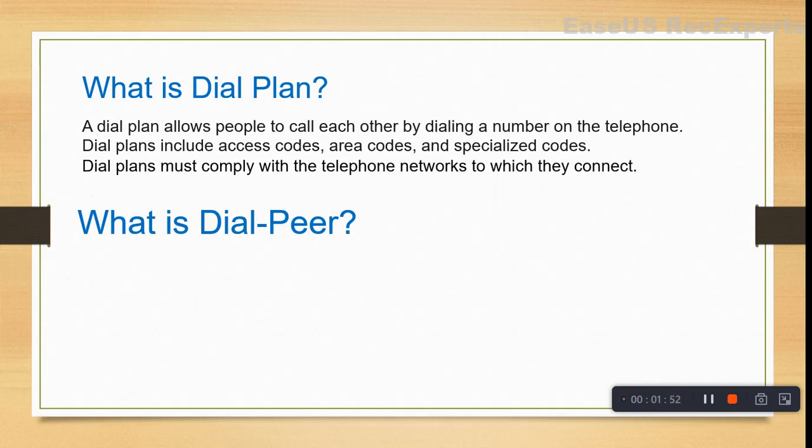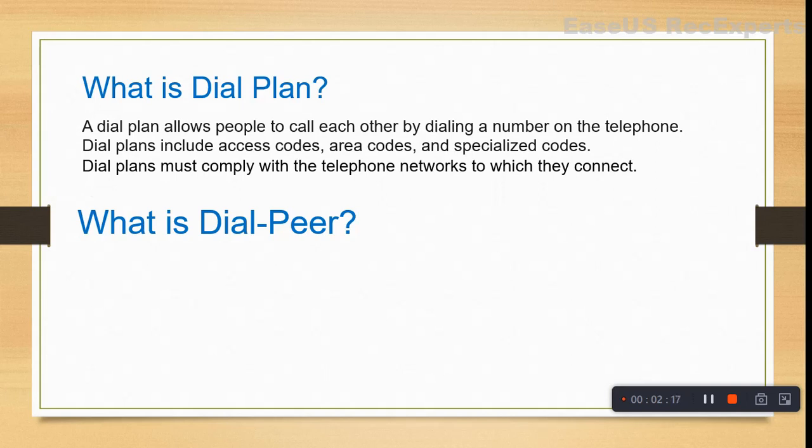Suppose in the case of India, if you want to reach a mobile number, you have to dial the complete 10-digit number, where the first two or three digits can be your area code. Take the example of BSNL landline phones. In my childhood, I remember we used to have a 5-digit number.